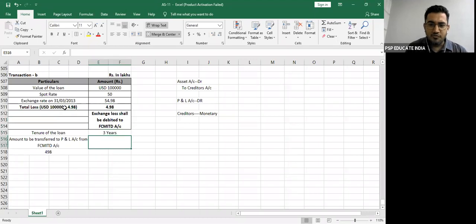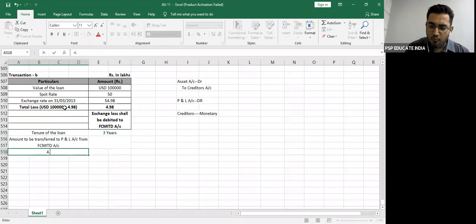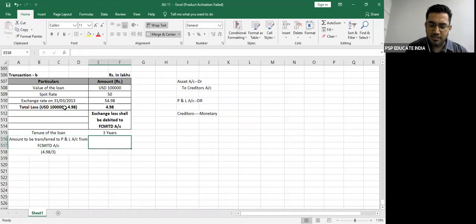Okay, how much will you get? So this has to be 4.98 divided by 3, not 498. I made a silly mistake over there. Tell me how much will go to the profit and loss account. You get 1.66.